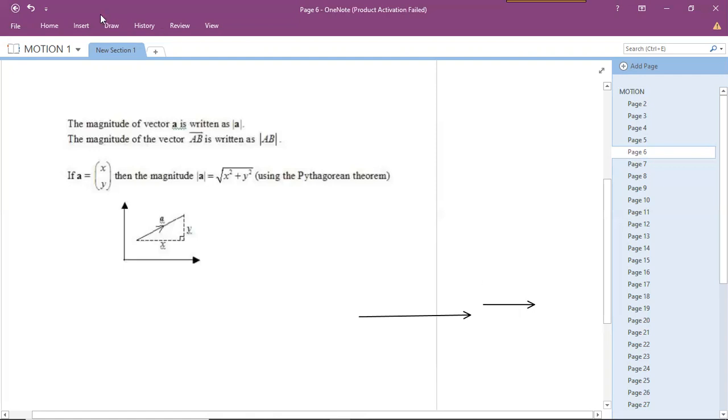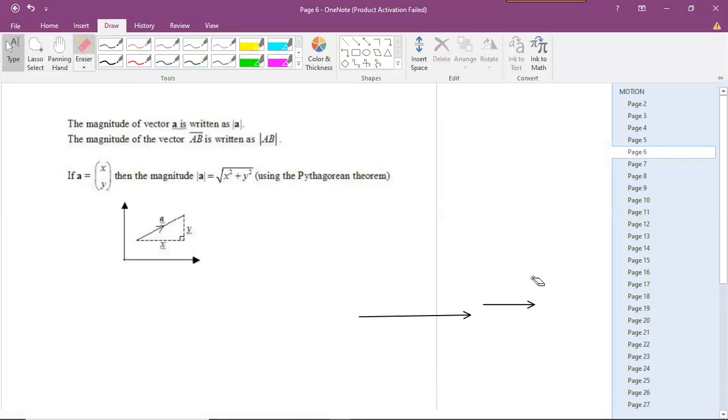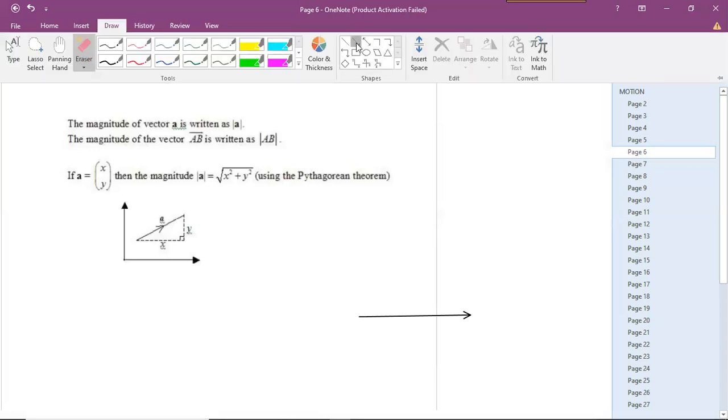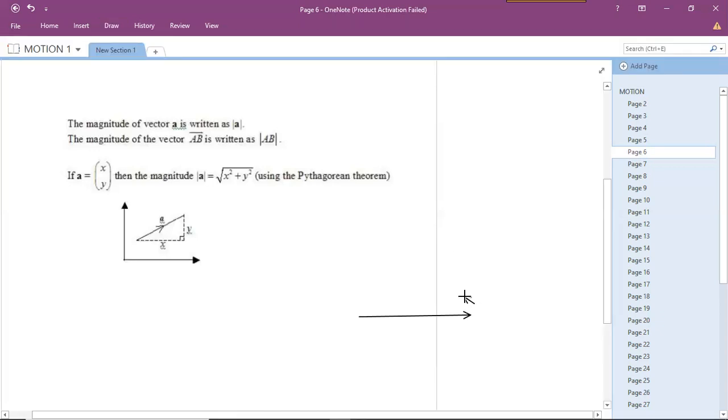The other vector is moving in the other direction like so. These vectors don't want to be drawn. It's moving like so. Okay, something like that.